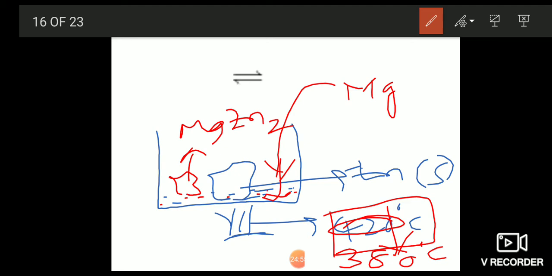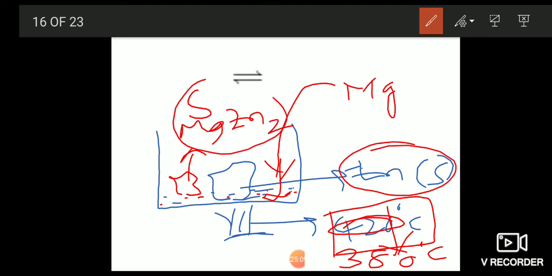That is, solid MgZn2 crystals will start separating from the melt. Now, what are the phases here? One phase is solid zinc, another phase is solid MgZn2, and one more phase is the liquid melt containing Mg and Zn.